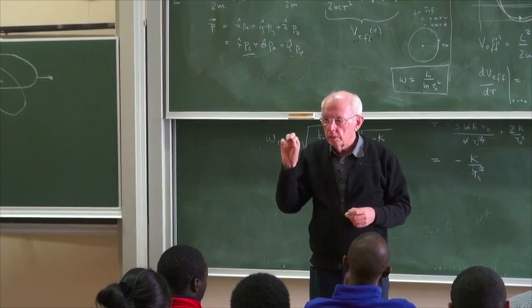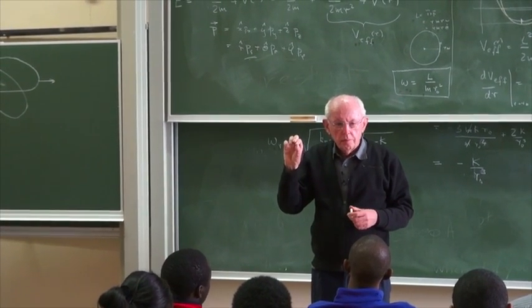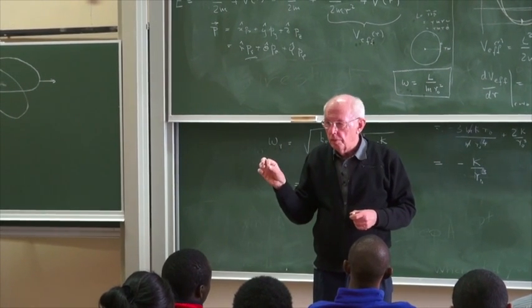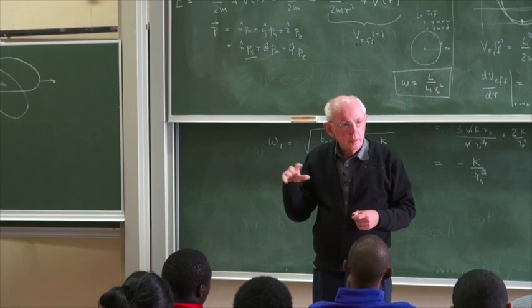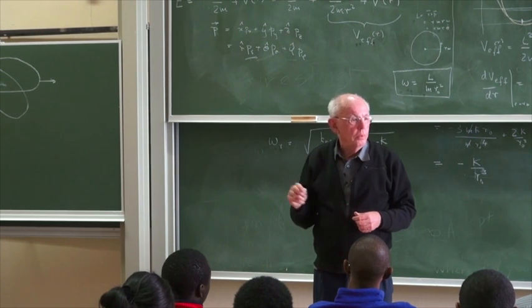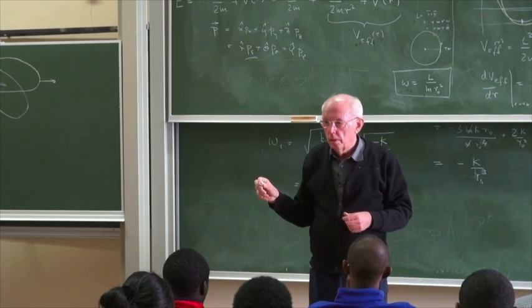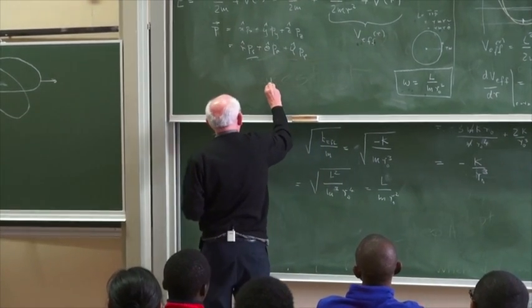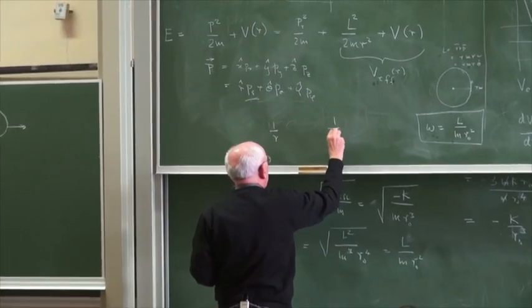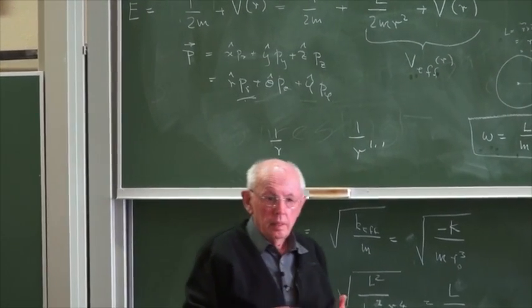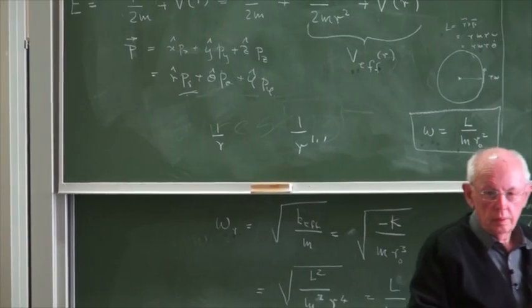You can change the potential away from 1 over r in some simple way, say make it 1 over r to the 1.1, and then that will not be true.